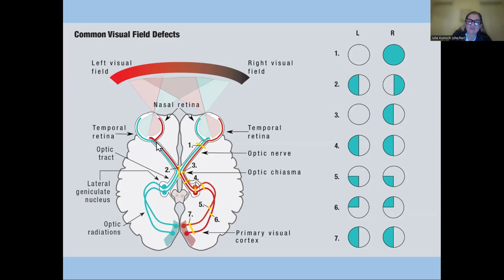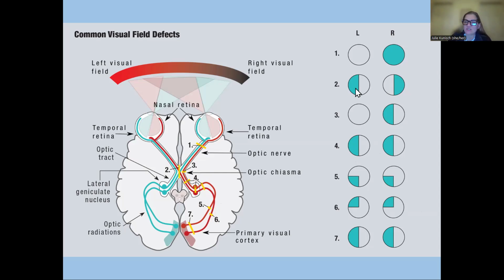But because we have the nasal optic nerve on the right and the temporal optic nerve on the left, we have loss of the peripheral vision on the left eye and loss of nasal vision on the right eye. This is called homonymous hemianopia.